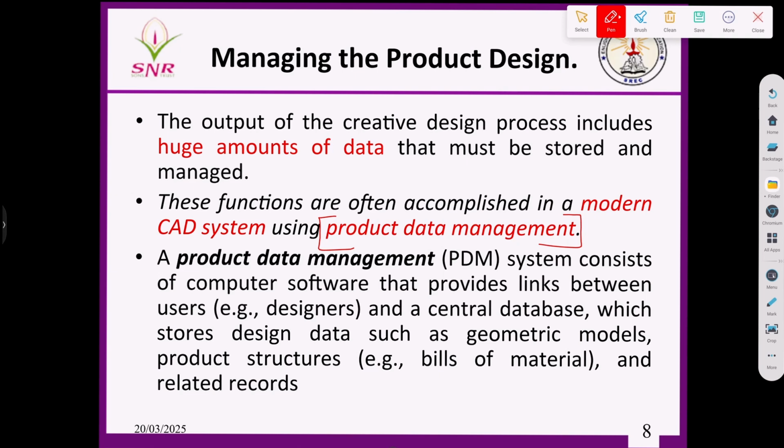A product data management system consists of software that provides links between the users and a central database. So this link helps the users to access the data whenever necessary, to look for geometrical models and product structures and even some bill of materials. All these data can be created automatically with subsequent related records.